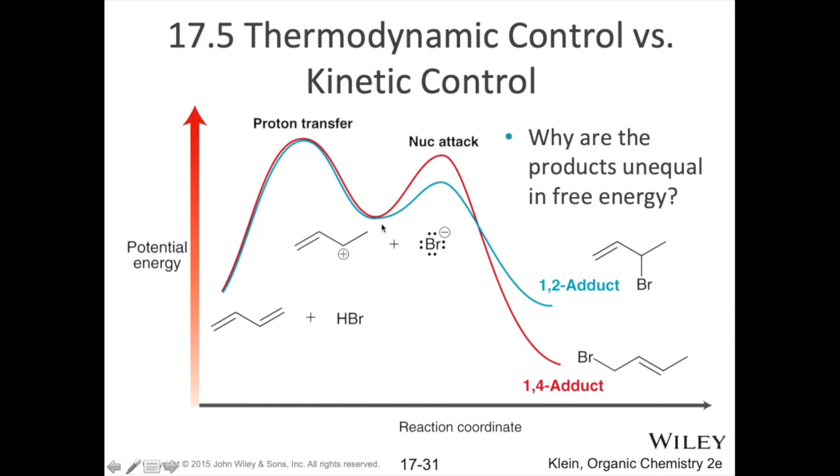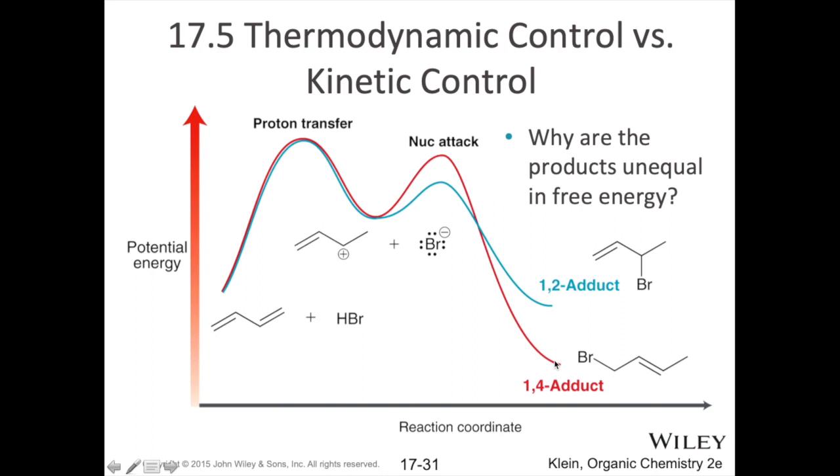In the case of the 1,4 adduct, of course, we have that resonance structure. And so you've got to ask yourself, how is the nucleophilic attack on that resonance structure different from our original carbocation? Notice that here the transition state is higher in energy. So we have a higher activation energy for the 1,4 adduct. But notice that we also have a lower potential energy for the resulting product.